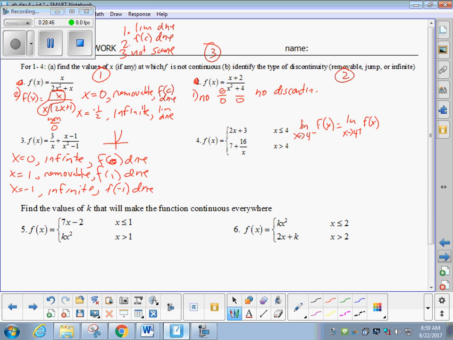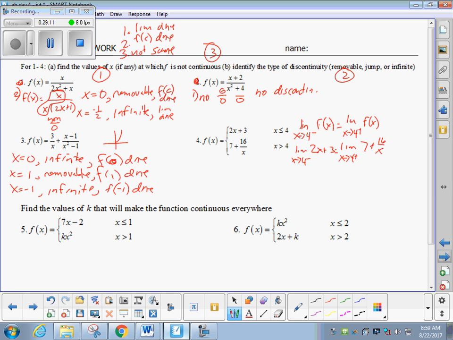Then, again, perfect world math, when there's a piecewise, you then specify which piece you're using. So, for example, this first left-hand limit, I'm using the function 2x plus 3. And for the right-hand limit, I'm using the function 7 plus 16 over x, yes?